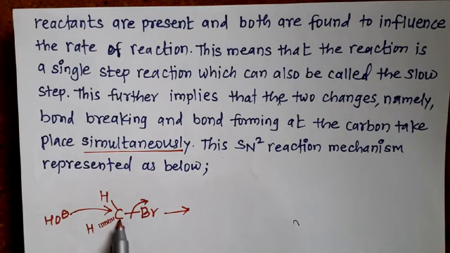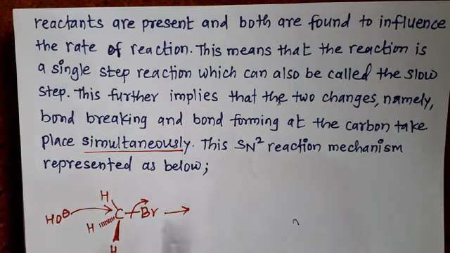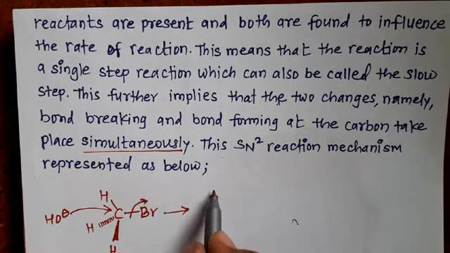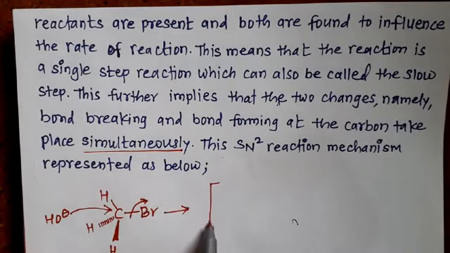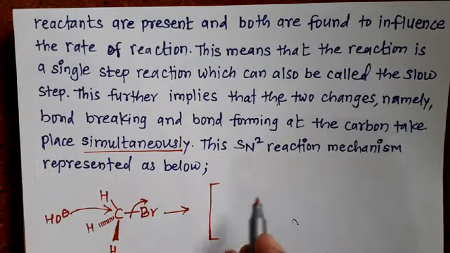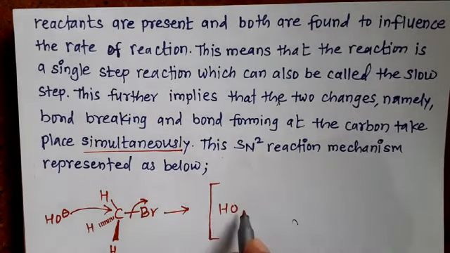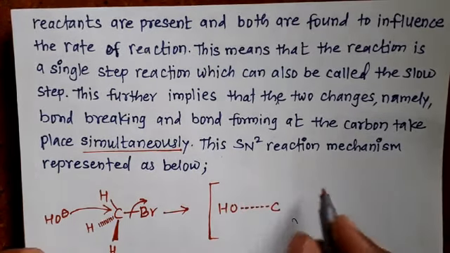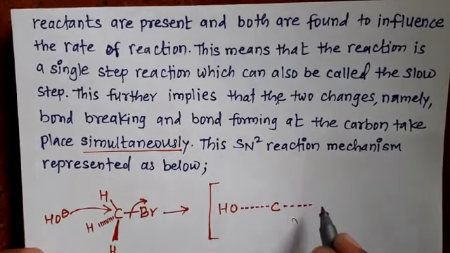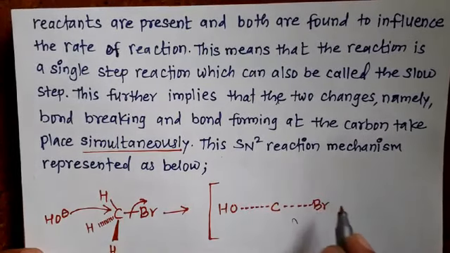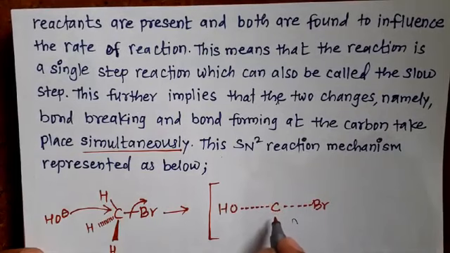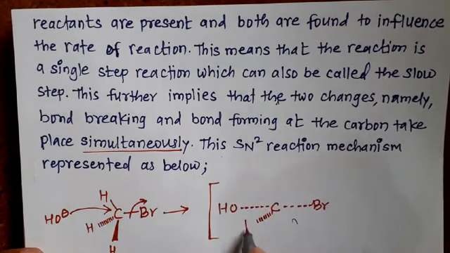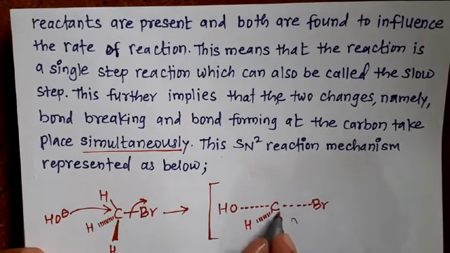It goes to the transition state, and in this transition state both OH minus and Br minus carry half negative charges, and it forms a penta-coordinated carbon, in which carbon is attached to 5 groups or atoms.